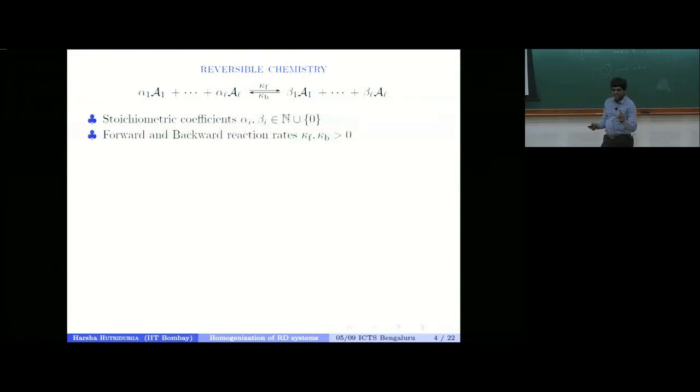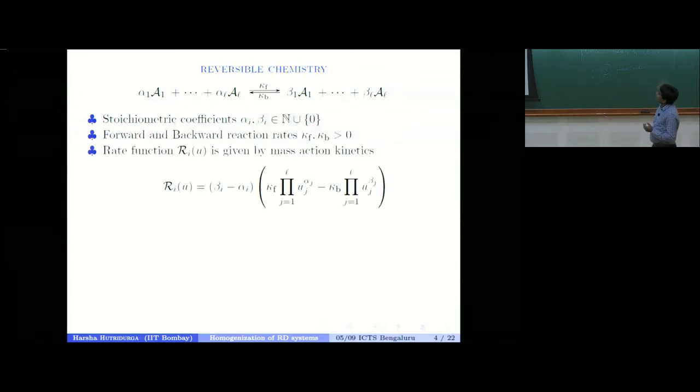There is only a single reaction. This is another point: there's a single reaction, but there are L species involved in this single reaction. So when you have a reversible chemistry like this, the rate function comes from the law of mass action. You write the rate function. This was the Ri which was used in the equation. The law of mass action says the rate of change of your ith concentration, the species, is given by this as soon as they are involved in this reversible chemical reaction.